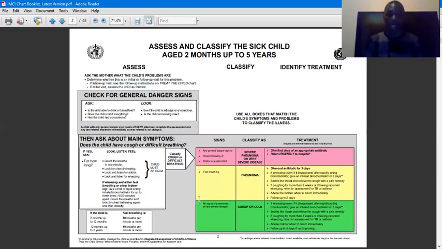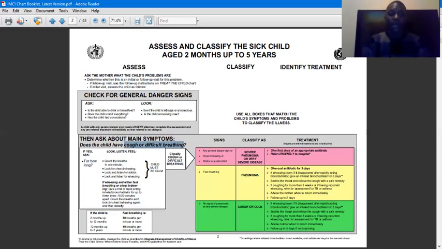So I'll now go ahead to explain the details of the first symptom, which is difficulties in breathing or cough. After we learn about the IMCI booklet itself, we can then use questions, how questions are structured, and how you can answer such a question for IMCI.